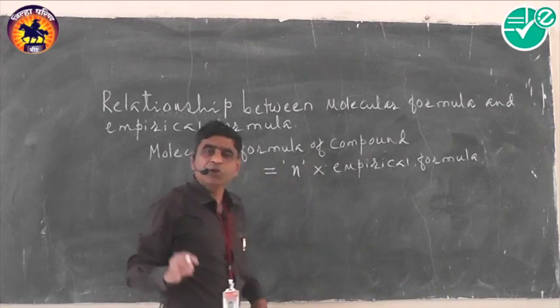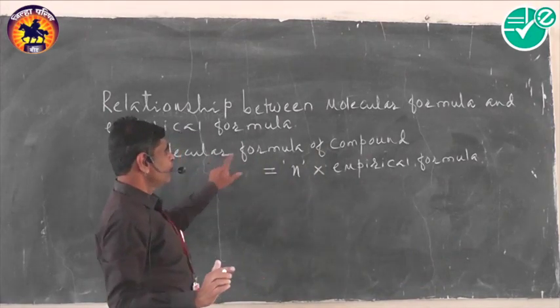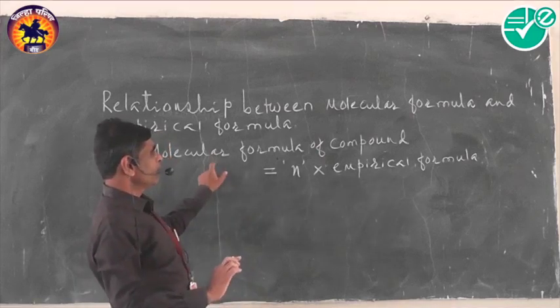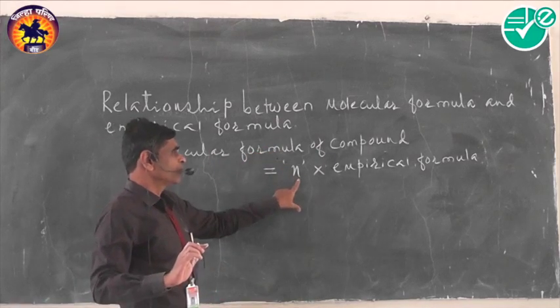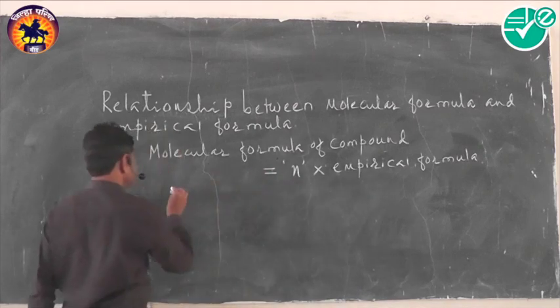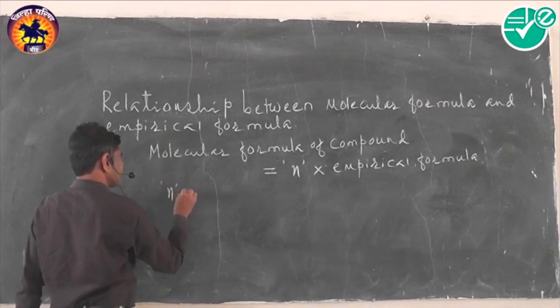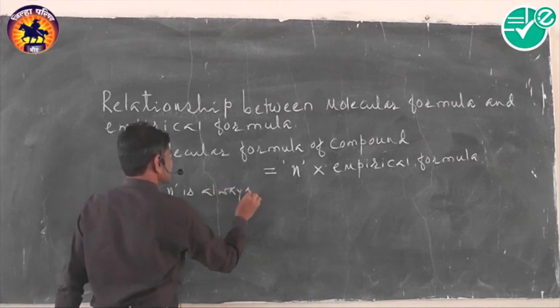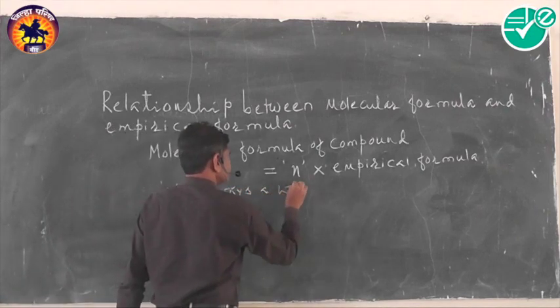So there is a simple relationship between molecular formula and empirical formula of a compound. Molecular formula of compound is equal to n into empirical formula. Now here n is always a whole number.